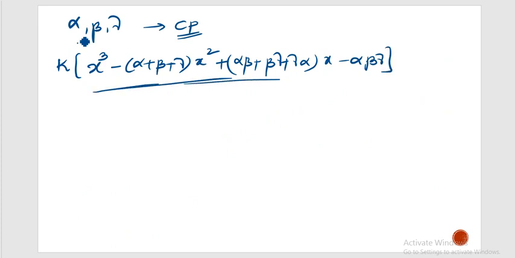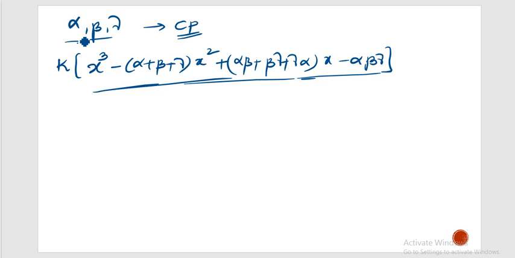So on substituting the values, you are going to get the cubic polynomial with the given zeros alpha, beta, gamma, right? So by using the zeros we can find out the cubic polynomial, and we can bring out the relation between the zeros and the coefficients of the given polynomials, right?